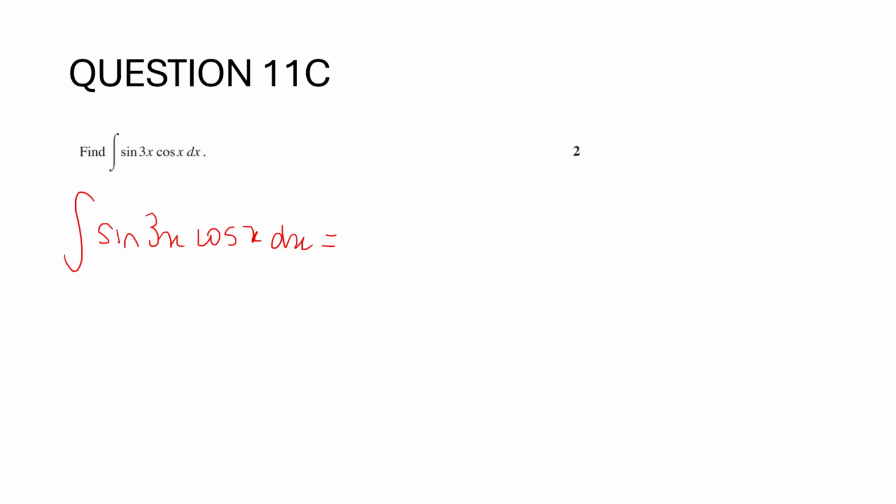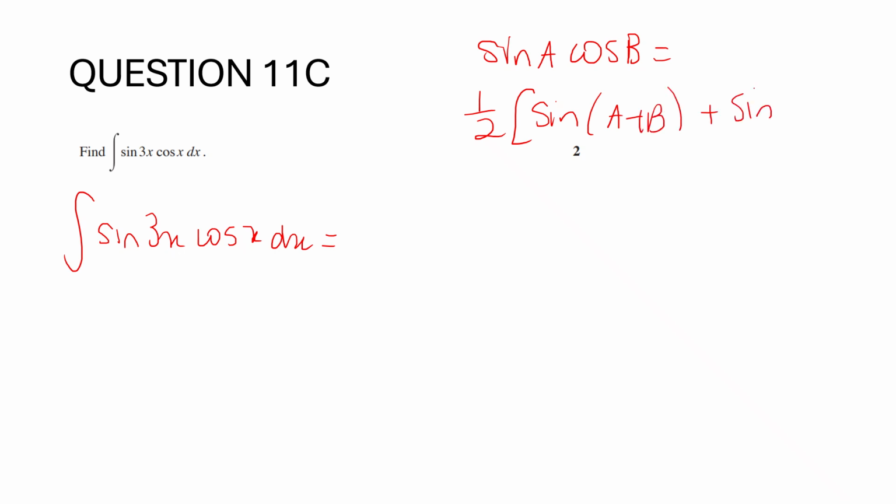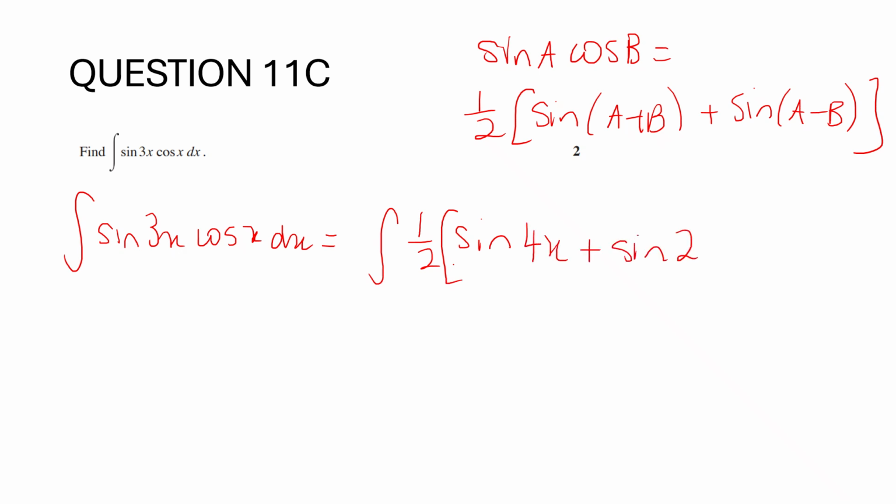It is sine A cos B is equal to a half of sine A plus B plus sine A minus B. Okay, so this will equal the integral of a half sine, A plus B is 4x, A minus B is 2x.